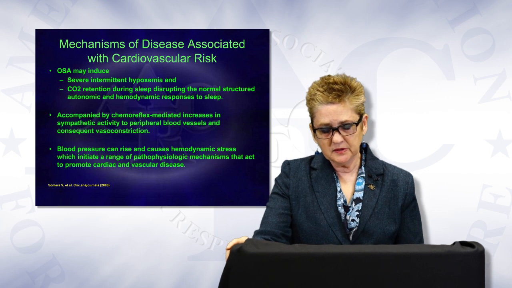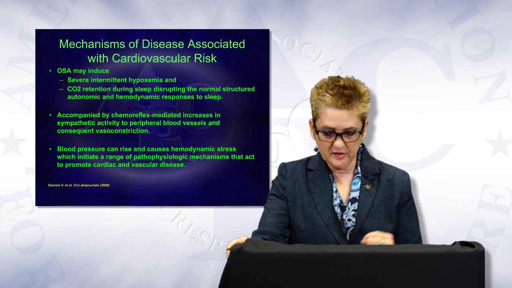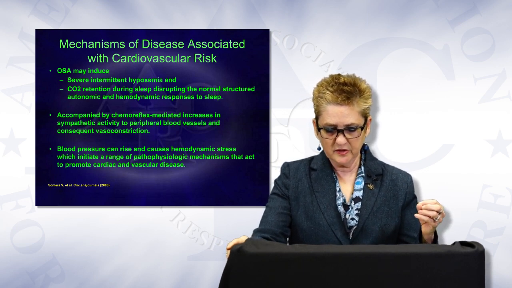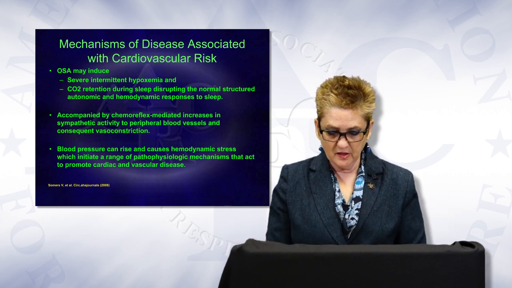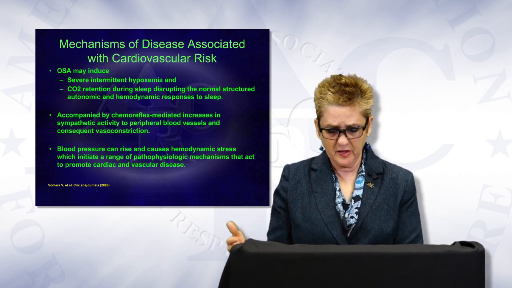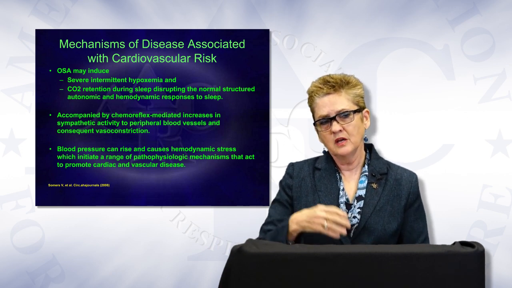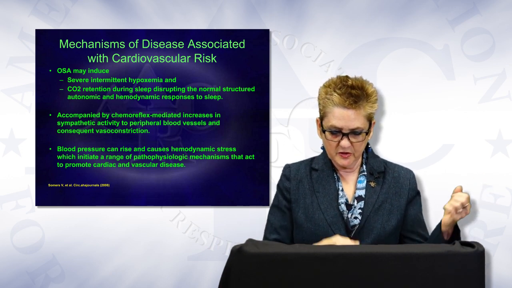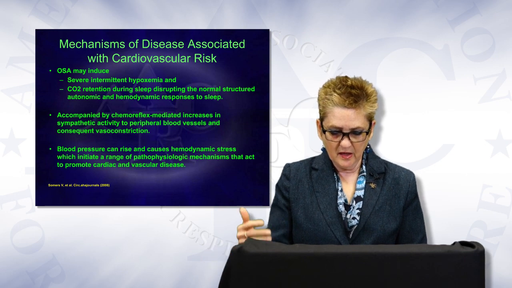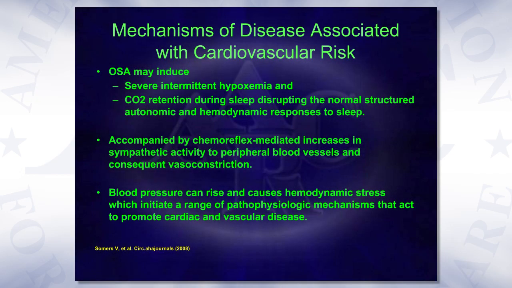And what happens, in a nutshell, is that it's accompanied by a chemoreflex-mediated response that increases the sympathetic activity to peripheral blood vessels, and that causes vasoconstriction. And when you have vasoconstriction, your blood pressure rises, and that can cause hemodynamic stress, which then initiates the pathophysiological mechanism that acts to promote cardiac and vascular disease.